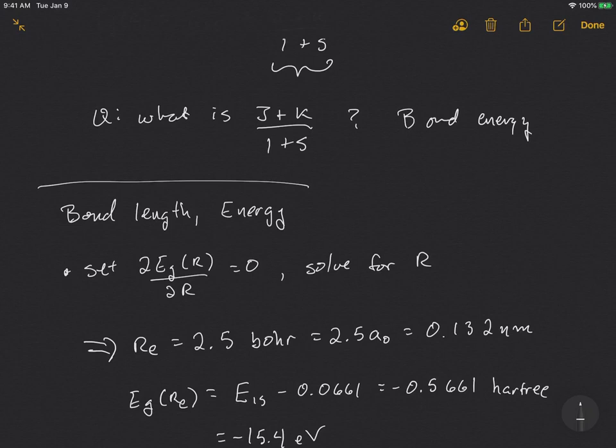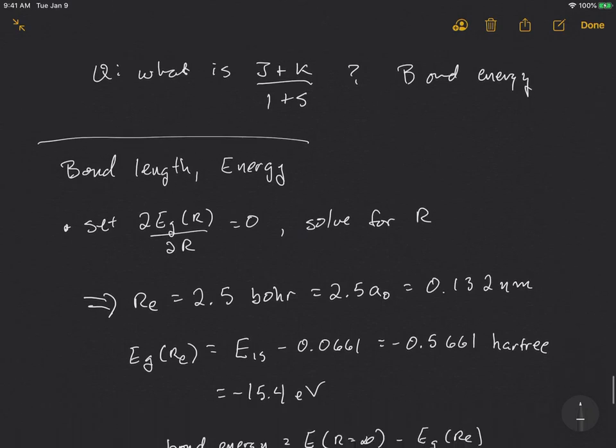And that's significant. This is our first quantum mechanical estimate of what a bond length should be, based on the properties of atomic orbitals that we use to make up this molecular orbital. And then if we plug that RE back into Eg, we get E1s minus 0.0661.